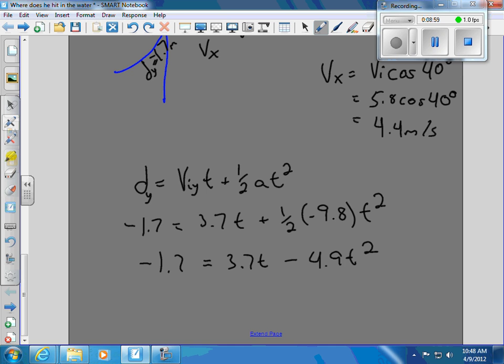Bring it all over to one side: 4.9 t squared minus 3.7 t minus 1.7 equals 0. And we have to use quadratic. Why? It's 0. How are you going to factor for t? Oh, sorry, you already moved it over. I thought it was already 0.